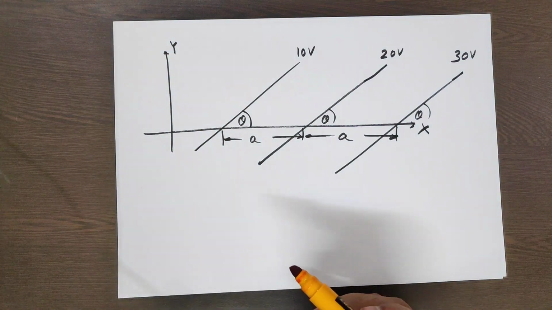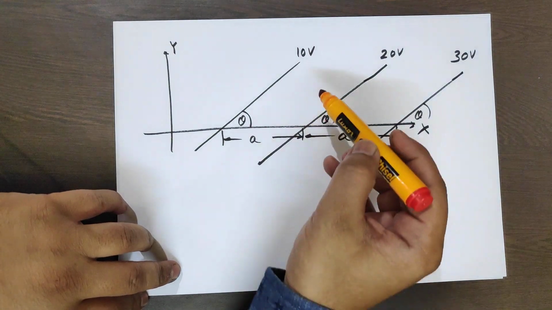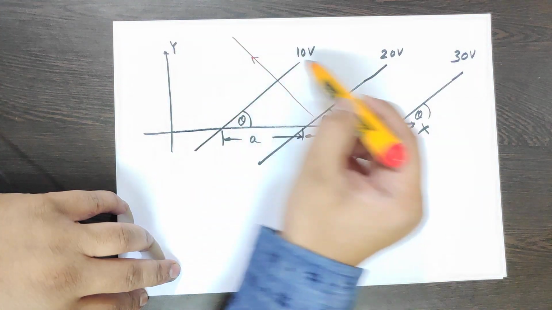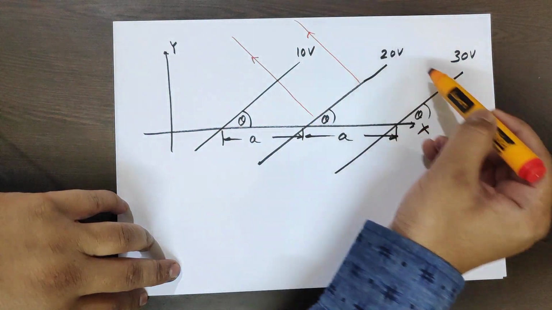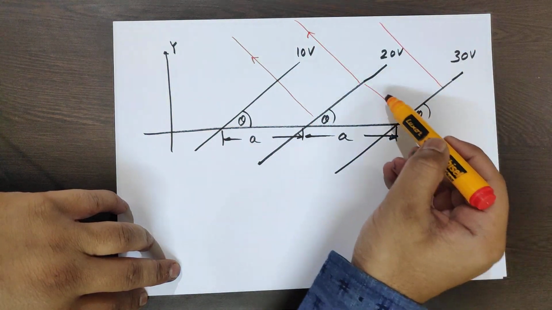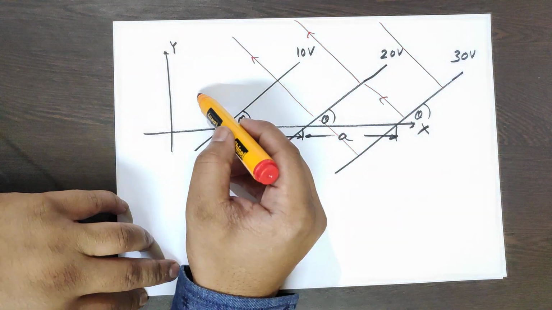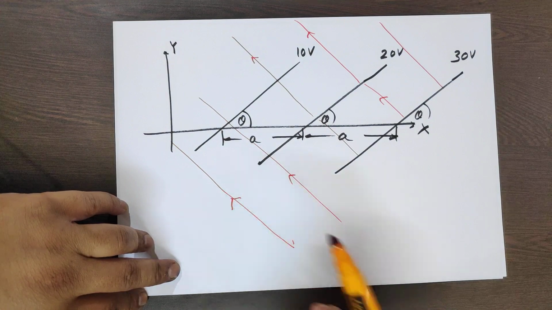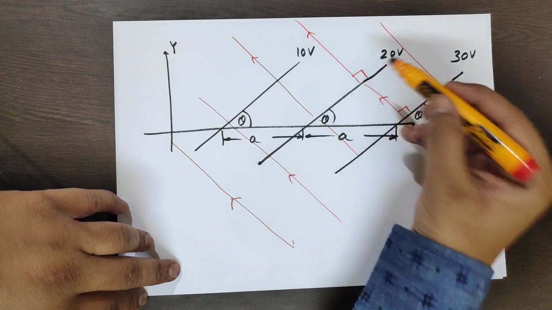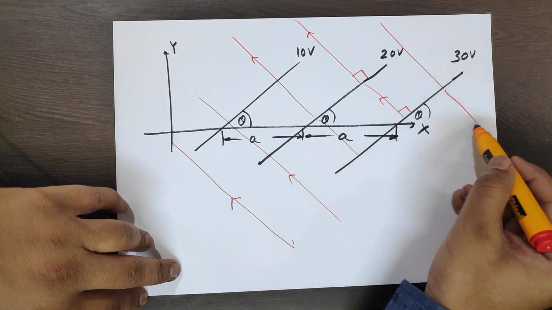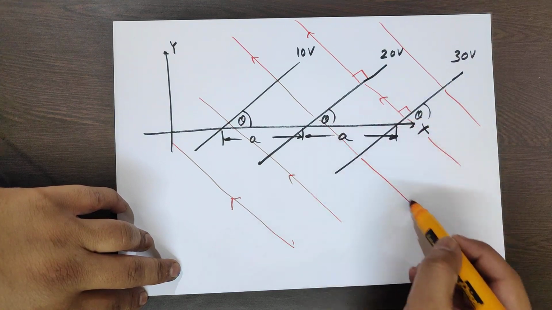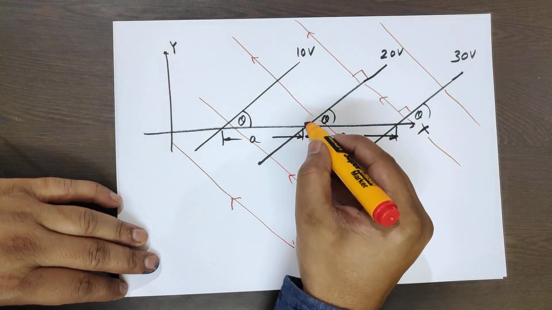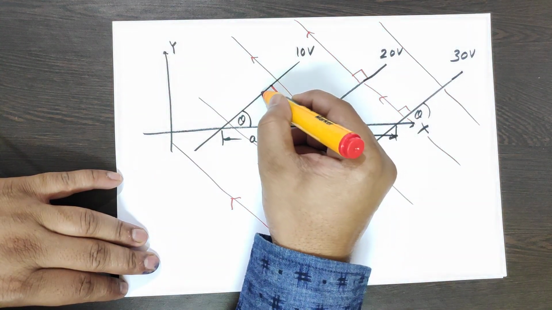So how are the electric lines of force? They will be perpendicular to the equipotential surfaces. So it is there. And see, the direction of the field is from high potential to low potential. So how much is this distance?